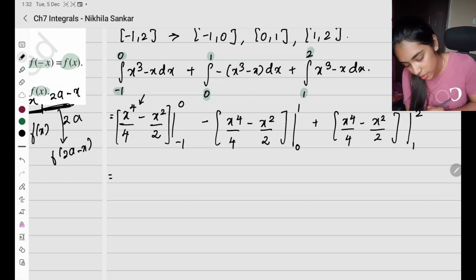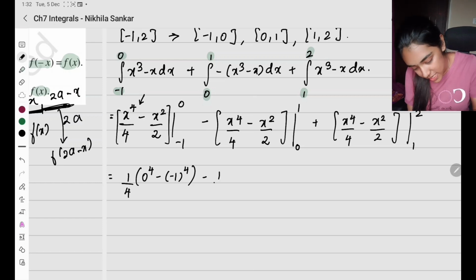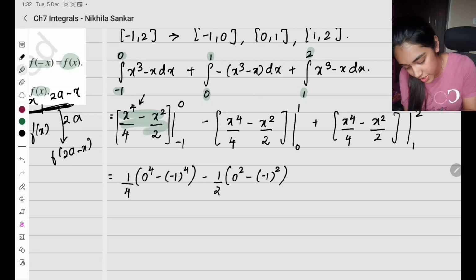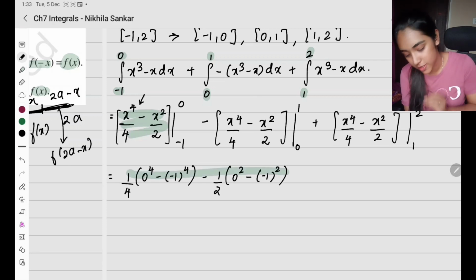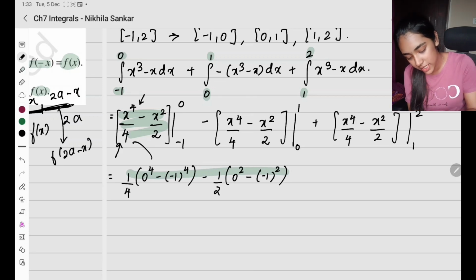So first I take the first term. I have 1 by 4 times upper limit 0 power 4 minus minus 1 power 4, minus 1 by 2 times x square, so 0 square minus of minus 1 the whole square. So I have written the first term. Understood? Upper limit minus lower limit for each term. I have done this for the first term, and then for this term.